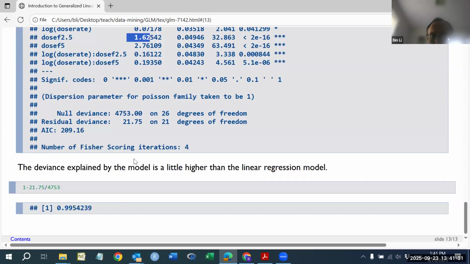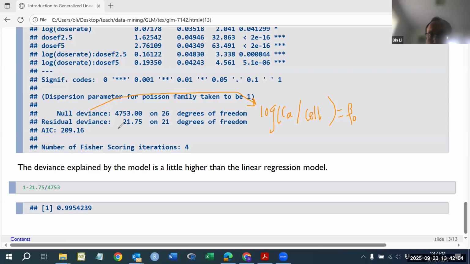So you can check the deviance. So here the null deviance is this. What is the null deviance? Null deviance is the deviance when we only have the intercept-only model, so the deviance for the model that equals the beta zero model.